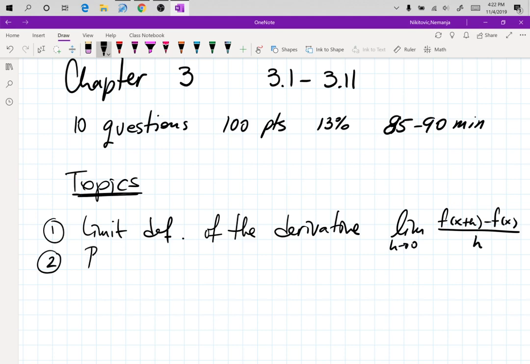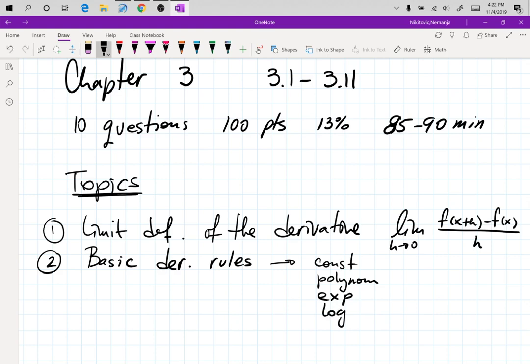Number 2, basic derivative rules, and we are talking about all of the basic derivatives that we have: constant, polynomial, exponential, log, trig, right?